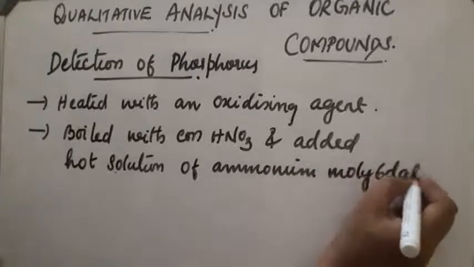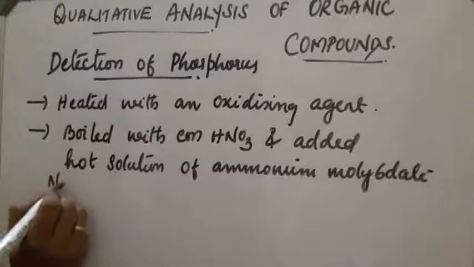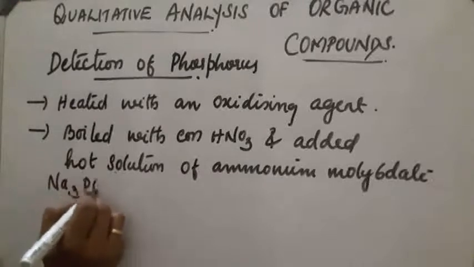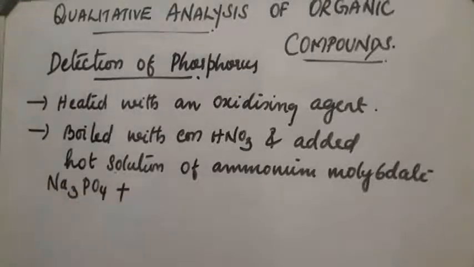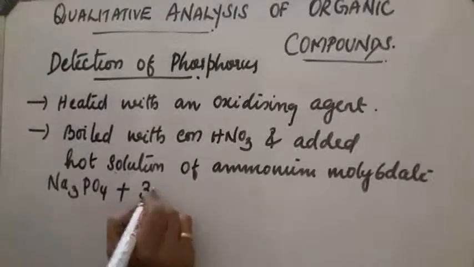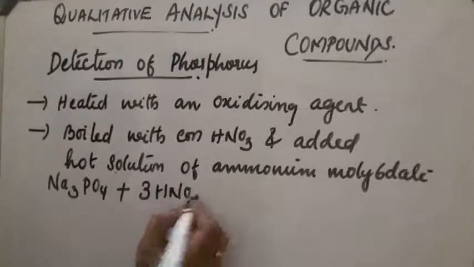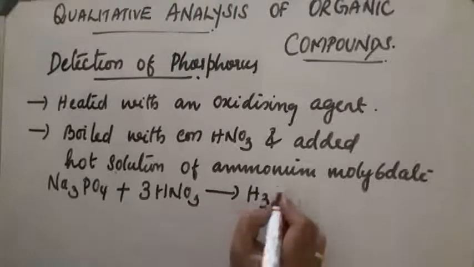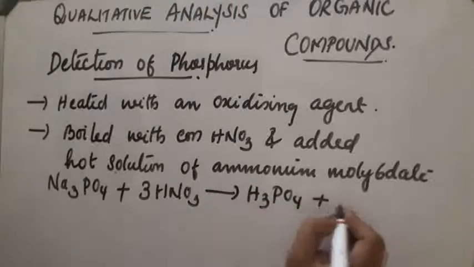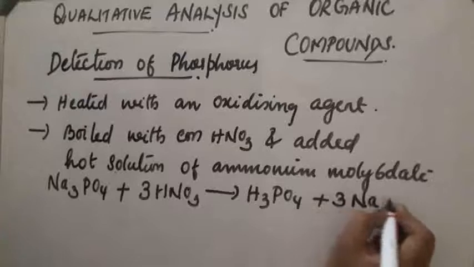The reaction will be like this: first, with the oxidizing agent, sodium phosphate will be obtained. With nitric acid, it gets converted into H3PO4 plus 3NaNO3.